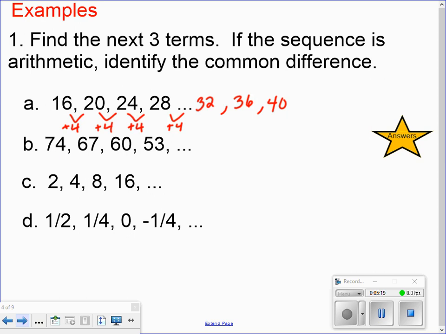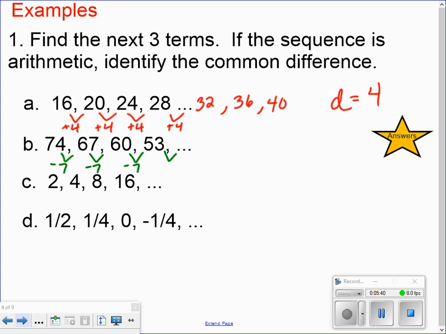This would be arithmetic because we have a common pattern of plus 4. So this would mean our common difference, which is D, is positive 4 or plus 4. If we look at the next one, B, we can see that to get from one term to the next, we're subtracting. So this is minus 7, minus 7, minus 7.